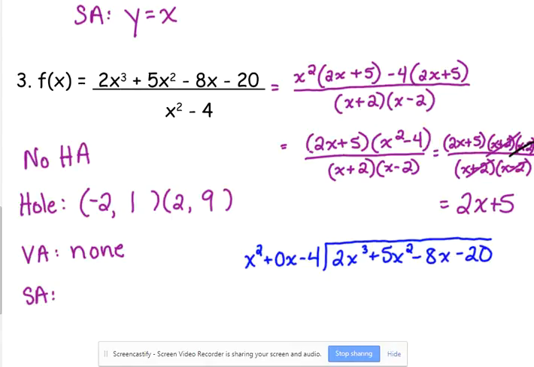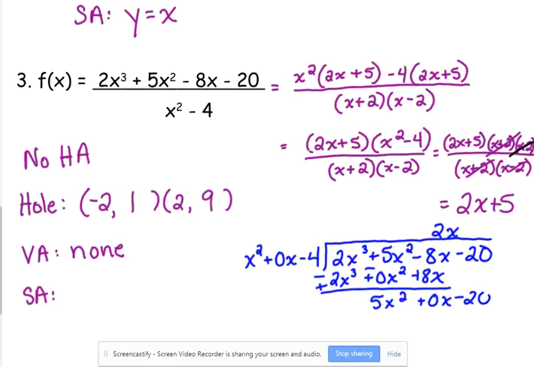So 2x cubed divided by x squared is 2x. So we get 2x cubed plus 0x squared minus 8x. Change the signs and add. Cancels. We've got 5x squared plus 0x minus 20.